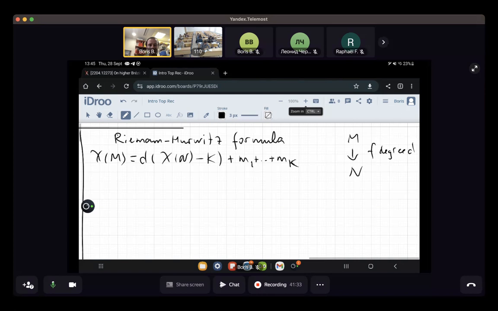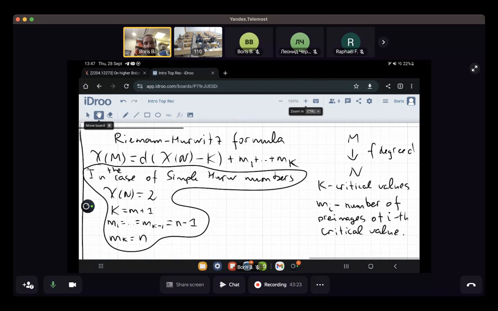I think so. Okay, and what is the Euler characteristic? Let me think about it as follows: if we have some triangulation of our surface, then the Euler characteristic is equal to the number of vertices minus the number of edges plus the number of faces.